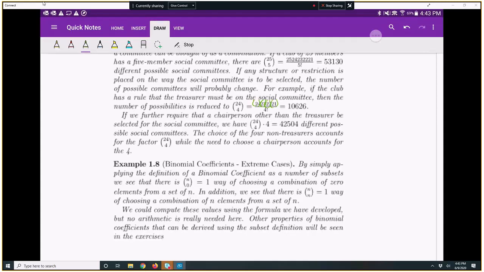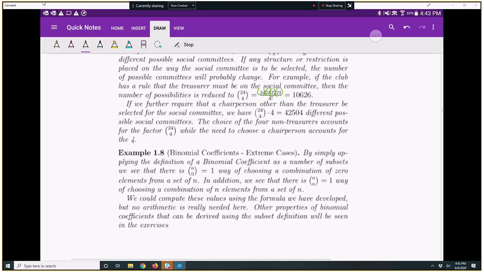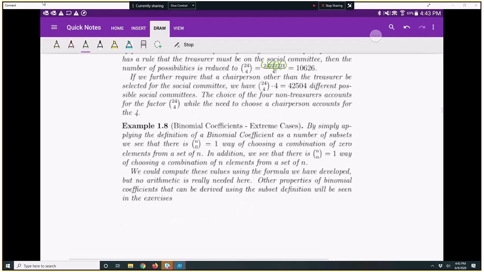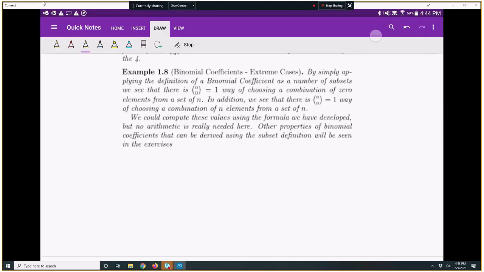So we have to be careful and think each problem through and what it really means when we're doing the counting. By simply applying the definition of a binomial coefficient or combination as a number of subsets, we'll find out that there are n choose 0 equals 1 way of choosing a combination of 0 elements.